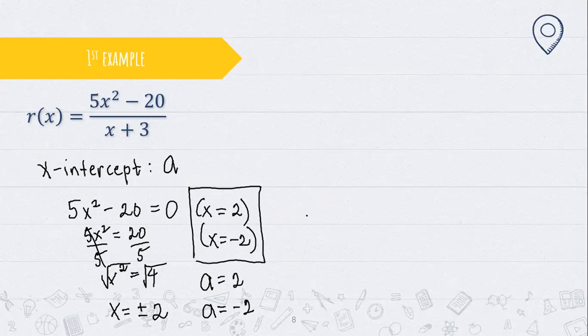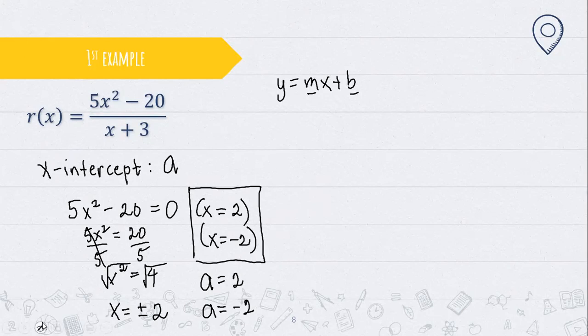Ibig sabihin, class, since A ang x-intercept natin, yung B natin yung y-intercept. Di ba naalala nyo, y is equal to mx plus b? Wherein m stands for the slope and b stands for the y-intercept. Kaya yung b natin is for y-intercept, yung a natin is for x-intercept.